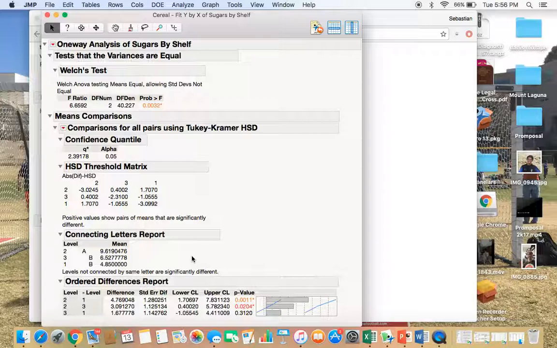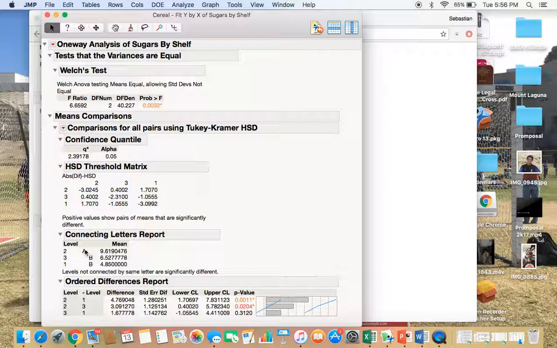Each level has letters next to it, and levels that are not connected by the same letter are significantly different. So here you can see ranked, level 2 has the highest sample average mean, followed by level 3 and level 1.